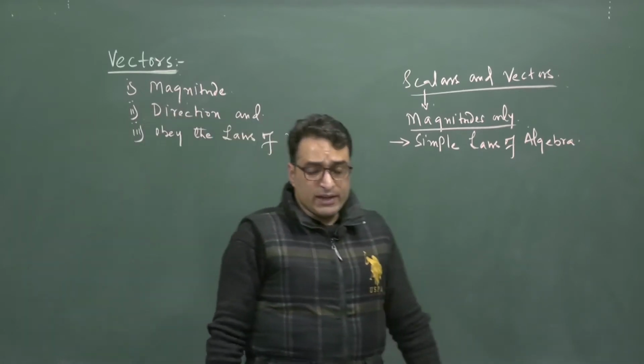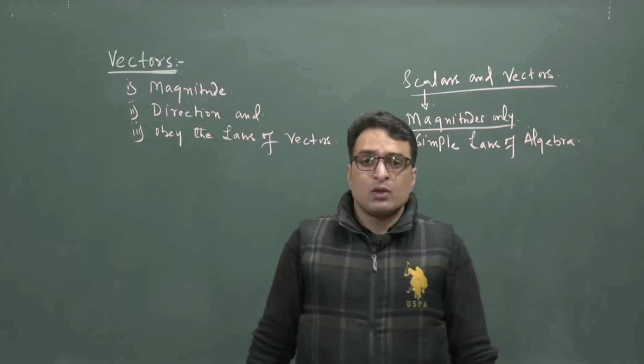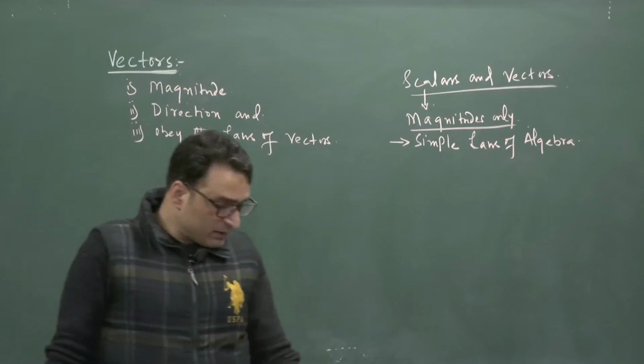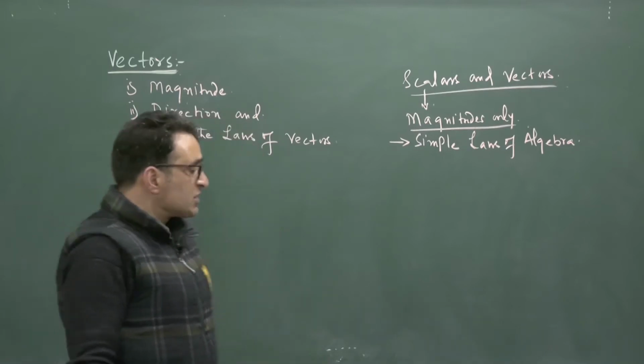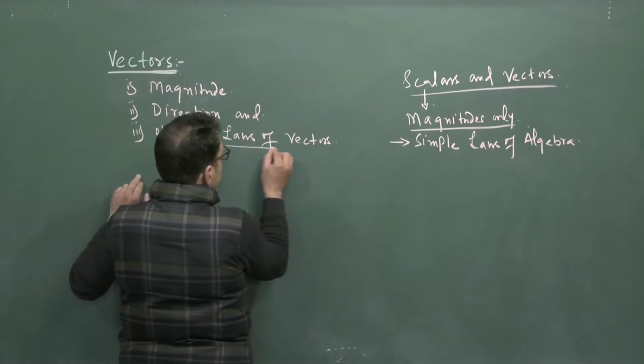Vectors may be defined as those physical quantities which have magnitude, direction, and in addition to the magnitude and direction, the vectors obey the special laws which are known as the laws of vectors.